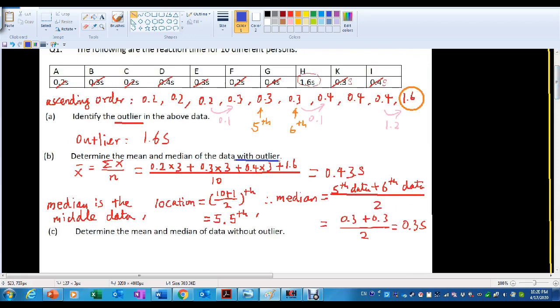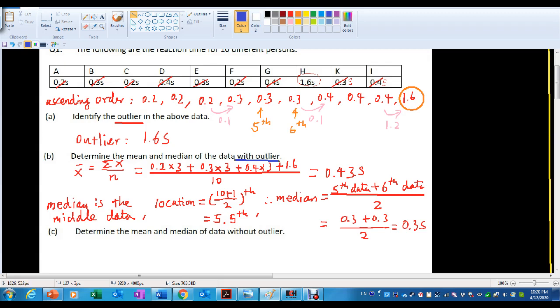But what can you notice? When there's an outlier, this time significantly larger than the rest of the data, the mean is much greater than the median.